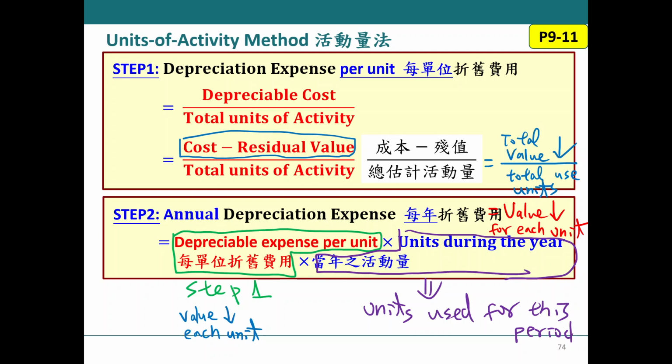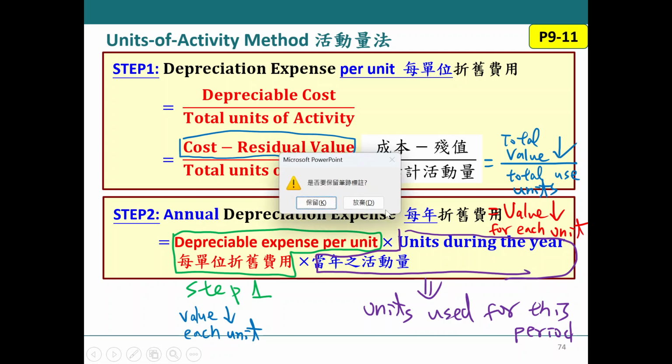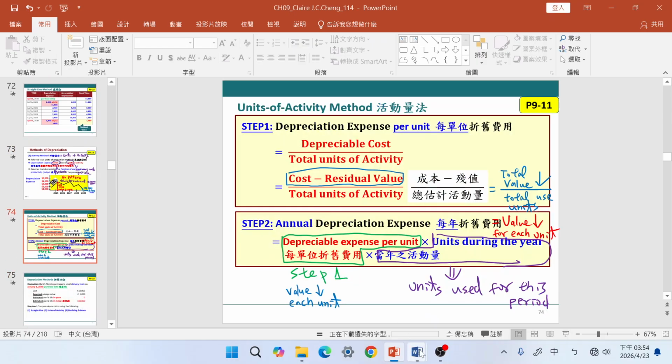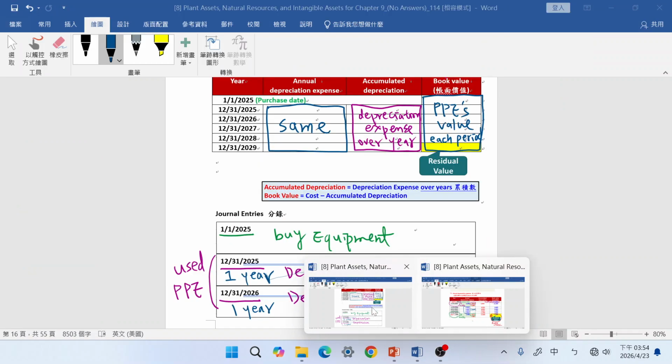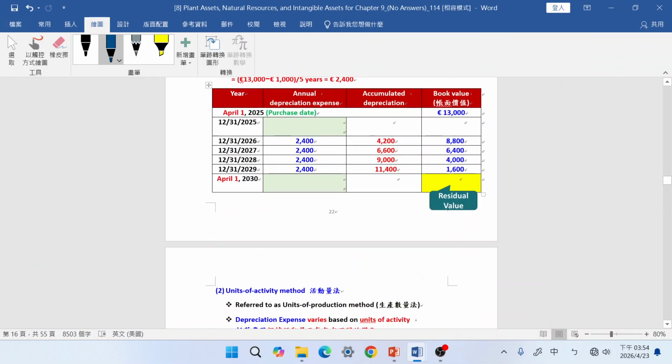Then please go to your handout on page 24. Page 24.